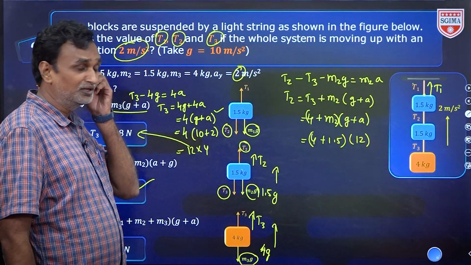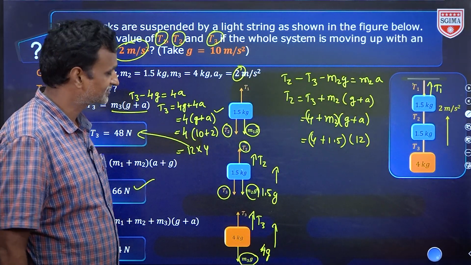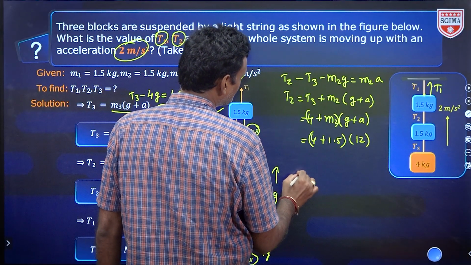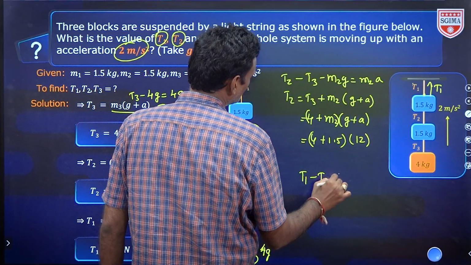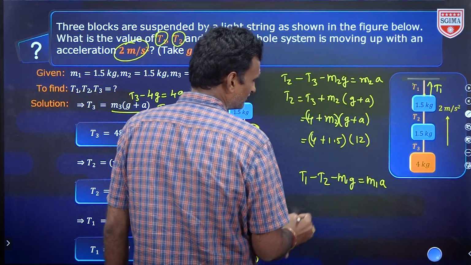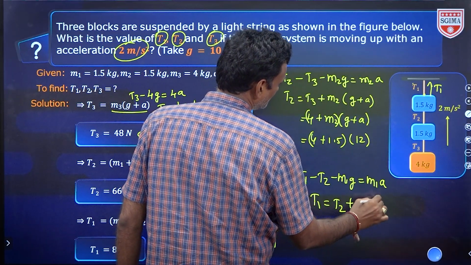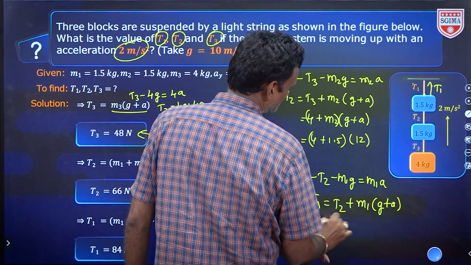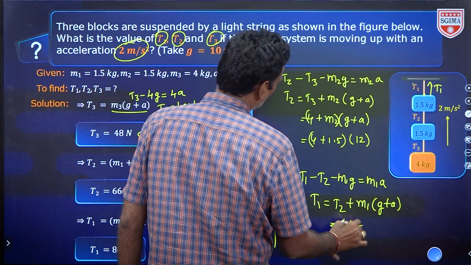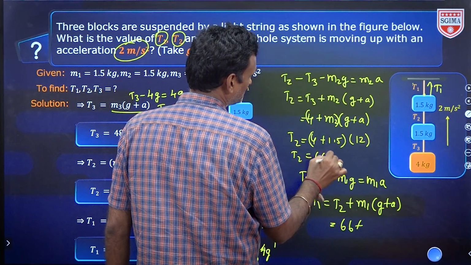Then total upward force minus downward force equals mass into acceleration, that is T1 minus T2 minus M1G equal to M1A, that is T1 equals T2 plus M1 into G plus A. So here we got 66, this is T2 only. So T2 equals 66 we got already.